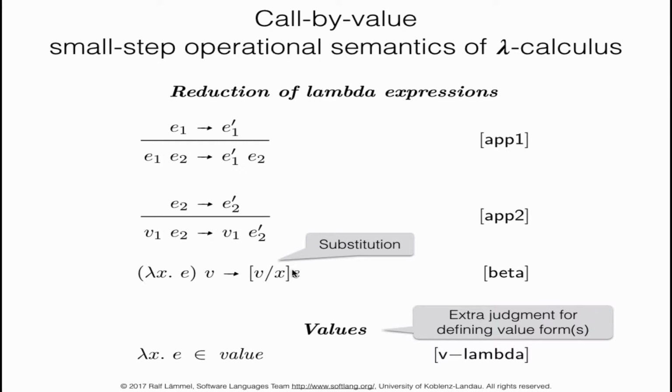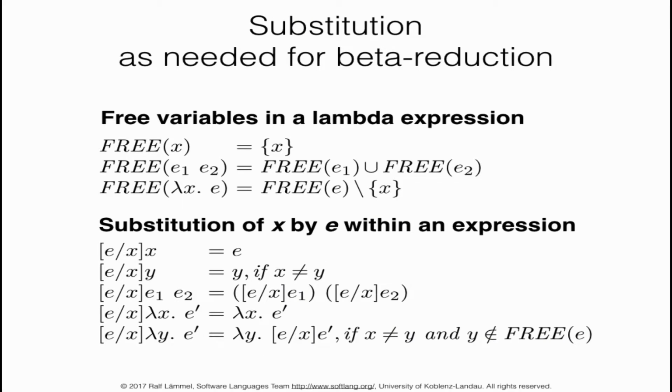Now we use what's called substitution. We replace the argument name x within e by the value v. In order to have this distinction between expressions in general and values in particular, we assume an auxiliary judgment here to test that an expression is in value form, and in fact only lambda abstractions are in value form.